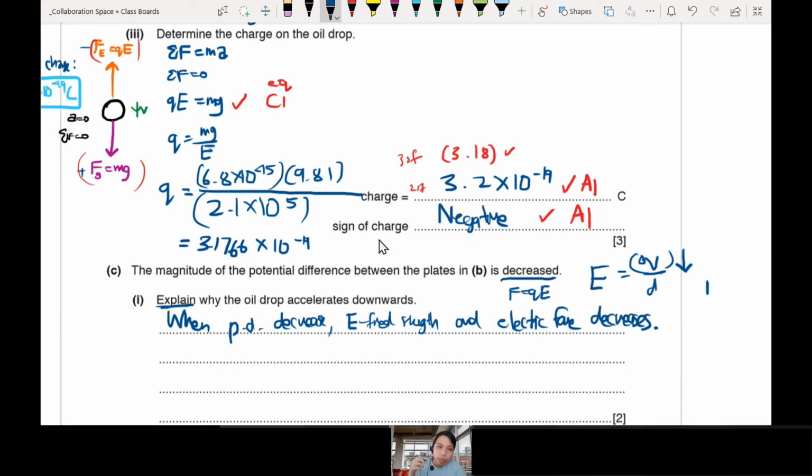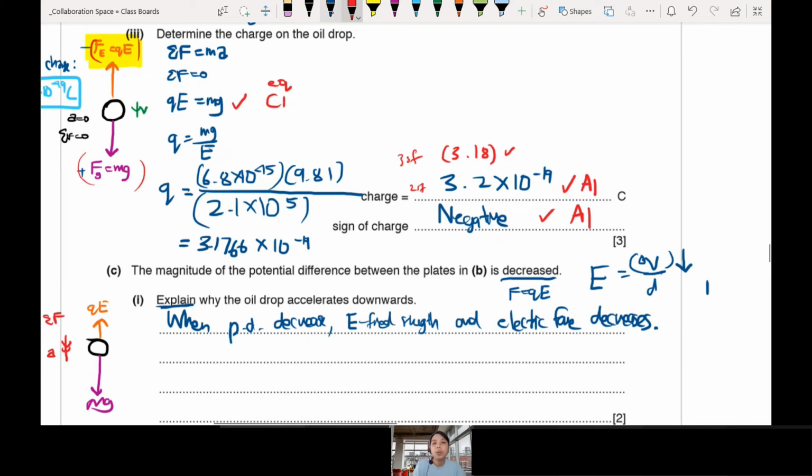Now we look back at the diagram on the top left. At first they are balanced, but now if this one becomes smaller, then somebody is going to win. The mg is still the same old super large value, it didn't decrease at all. But now your electric force, your QE, becomes so small. So now you're off balance already. So there's going to be a net force pointing downwards, and that will cause an acceleration downwards.